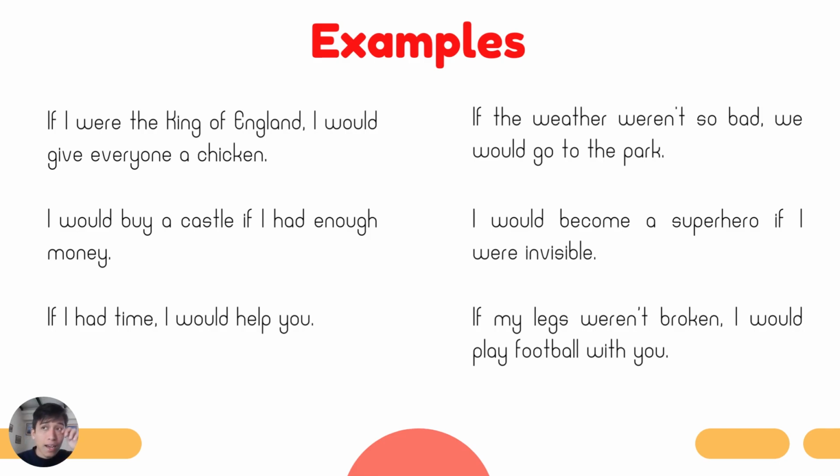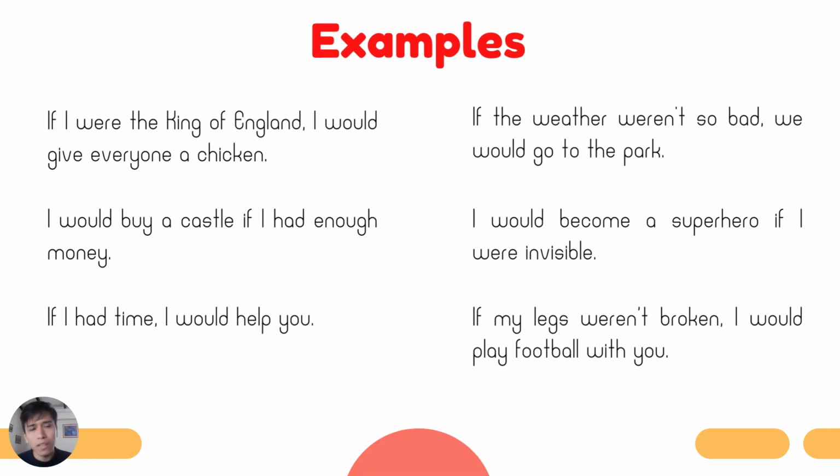To clarify also, we use were instead of was always. It is common to use this in almost all the sentences of the second conditional. If I were, not if I was, because it is not incorrect, but grammatically speaking, it is preferred.